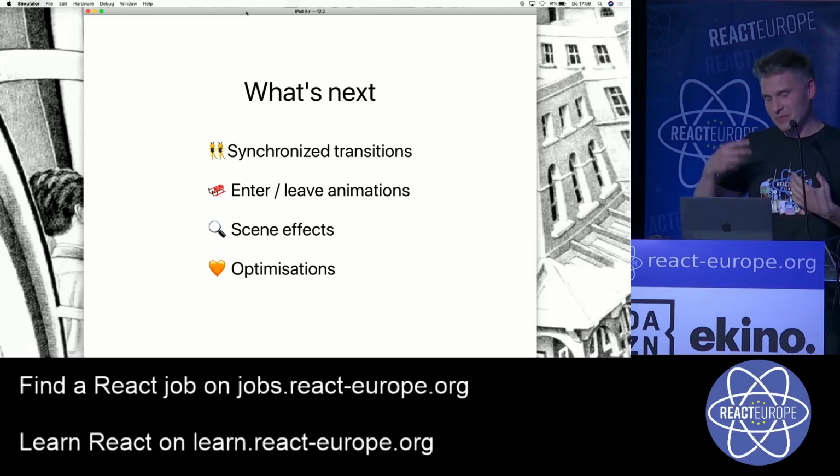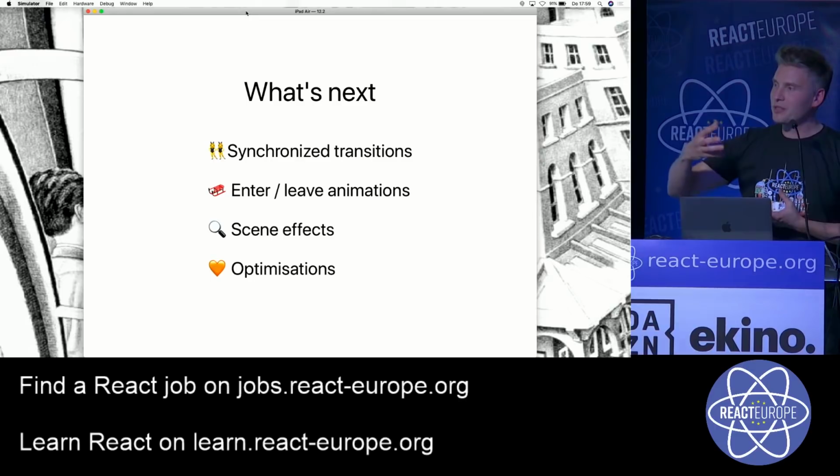The scene effects are just an idea that I have, and I would like to explore that further. With the clone native optimization, it's possible to take a snapshot of a whole view, and you can even do that of a complete scene, not just an element. What you can then do, for instance, is make that very small, because you now have a sort of bitmap that you can efficiently render onto the screen.